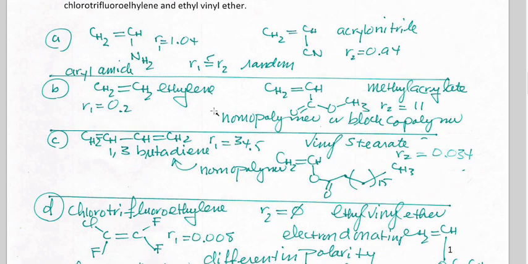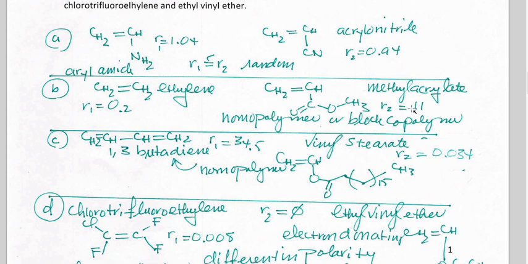Next one, in part B, we're looking at ethylene and methyl acrylate. You can see the reactivity for ethylene in this combination is very low, 0.02, versus for methyl acrylate it is 11.